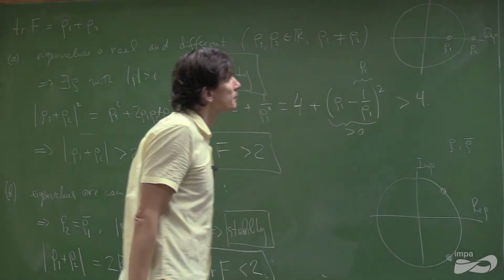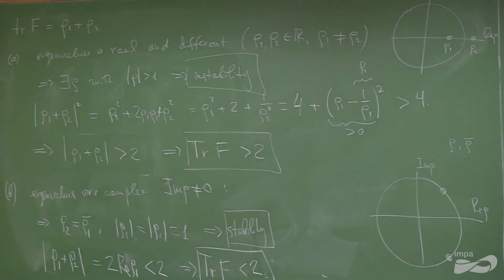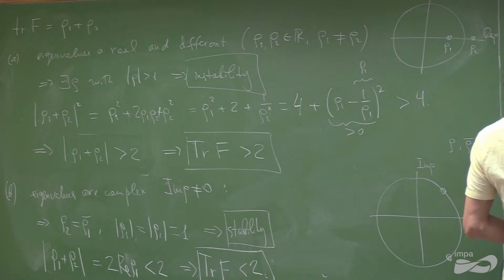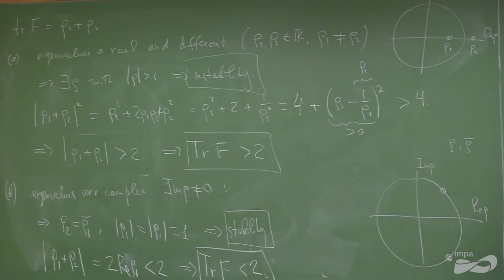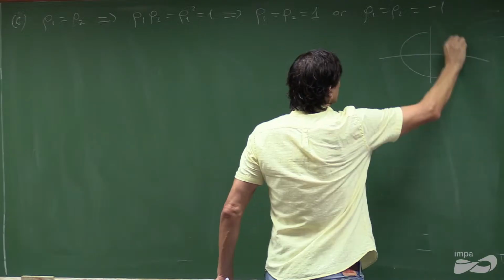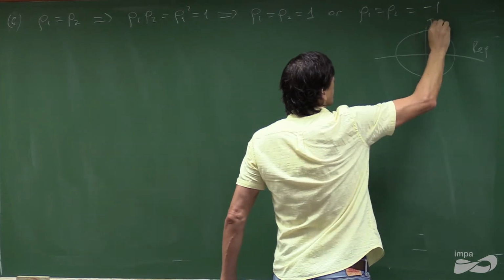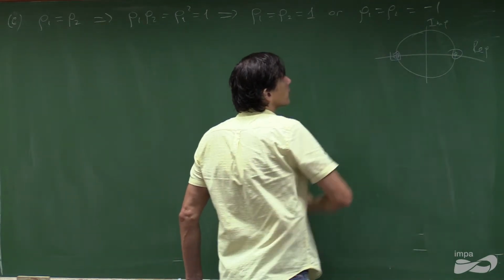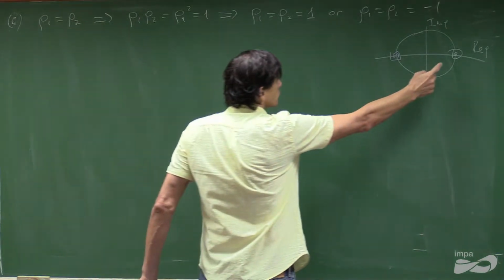And if they're equal, you see that their product, which is the same as rho 1 squared, is 1, which means that there are two situations: rho 1 equals rho 2 equals 1, or rho 1 equals rho 2 equals minus 1. So this is the only situation left. So either they both meet here, or they both meet at minus 1.